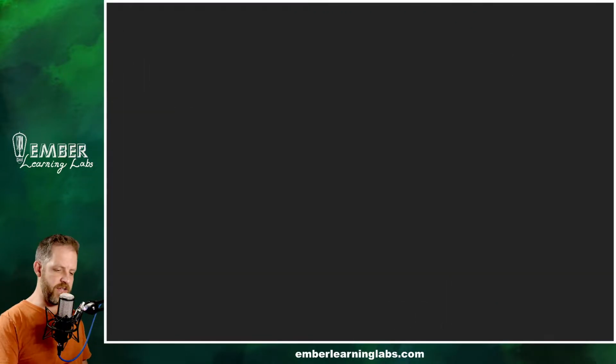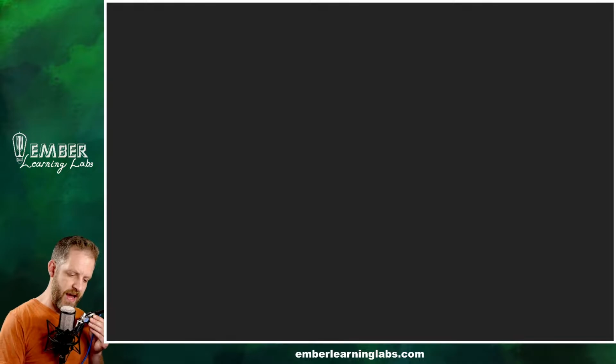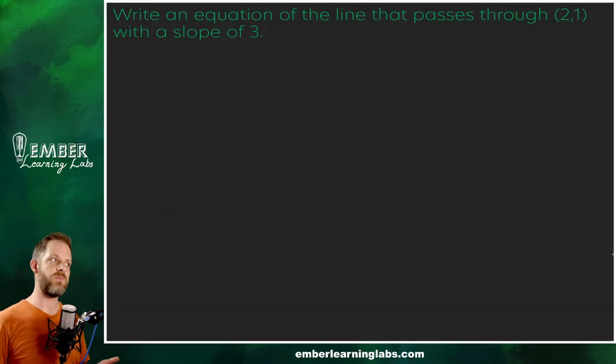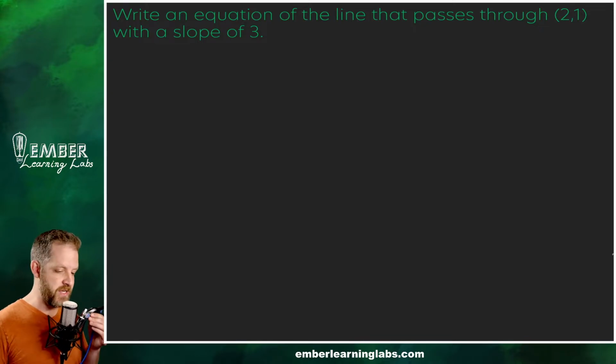So our first example is this one. We're going to write an equation of the line that passes through 2, 1, that point, with a slope of 3. We're going to write it in slope-intercept form.